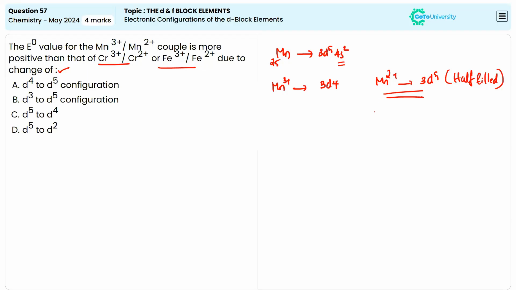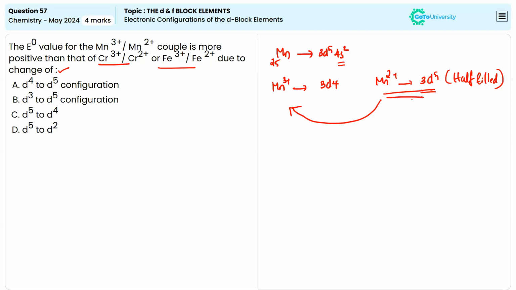To convert the Mn2+ ion to Mn3+, you have to remove one more electron, right? It is not easy to remove one more electron from Mn2+, because Mn2+ is already stable because of the 3d5 configuration.